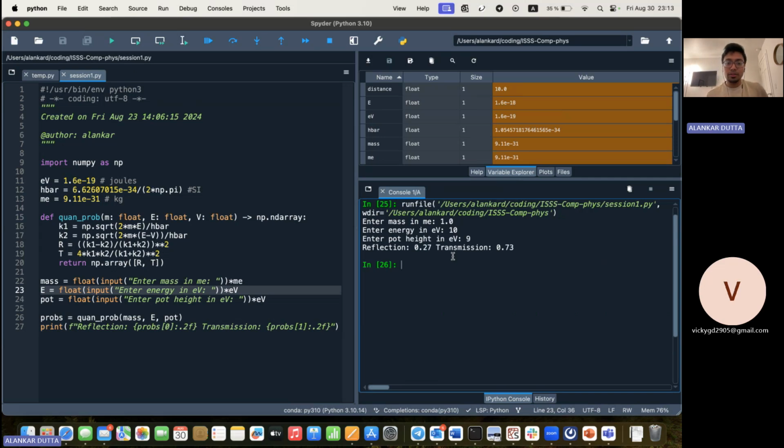So now you see reflection is 0.27. That is the probability of things getting reflected, while the probability of things getting transmitted is 0.73. Since the energy is pretty high compared to the potential height, there is quite a significant fraction or probability of particles getting transmitted. So is this clear?